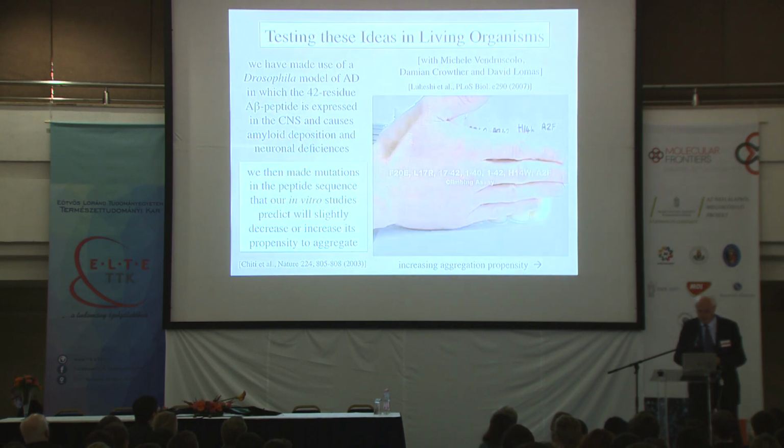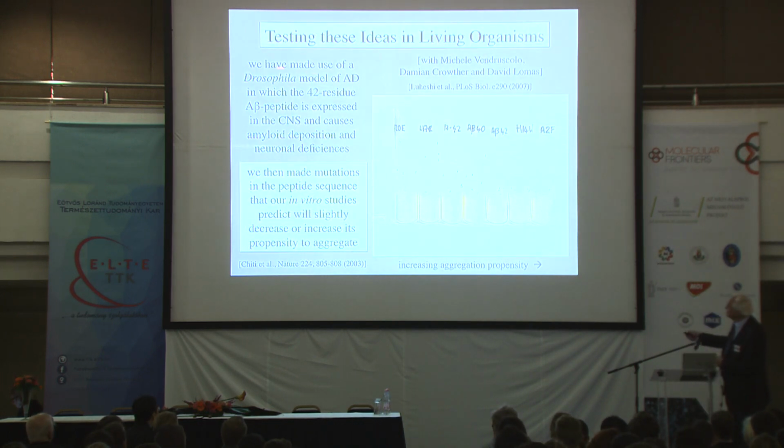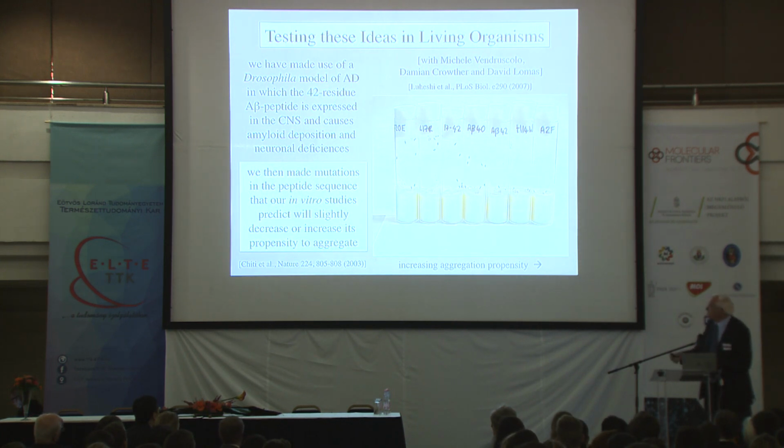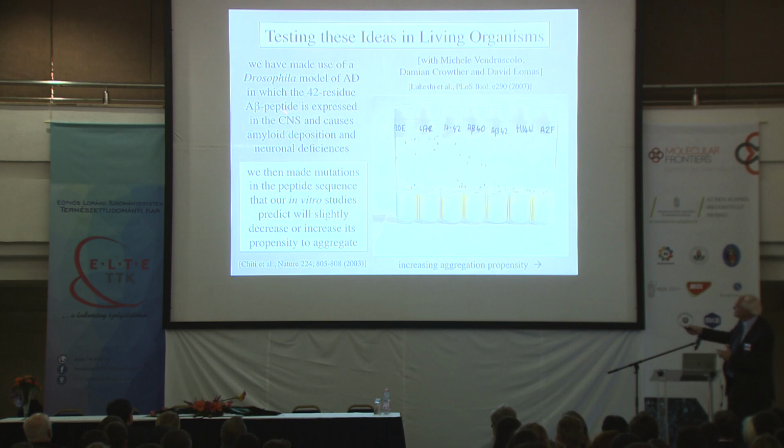What we did was to take Drosophila. I'll show you what this means in a minute. We put in there the 42 residue peptide, the human peptide, expressed it in the CNS. It doesn't do anything functionally in these Drosophila, the fruit flies.